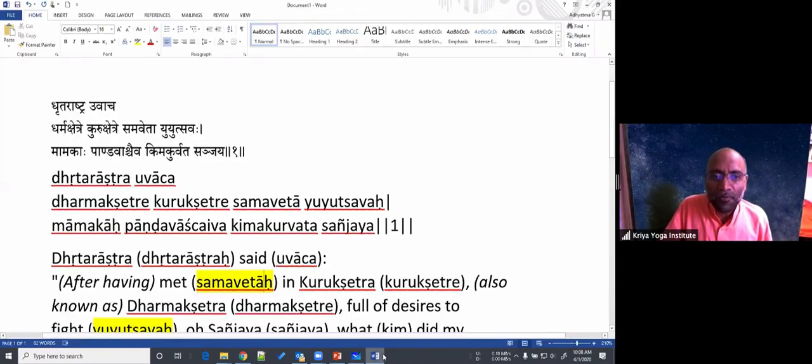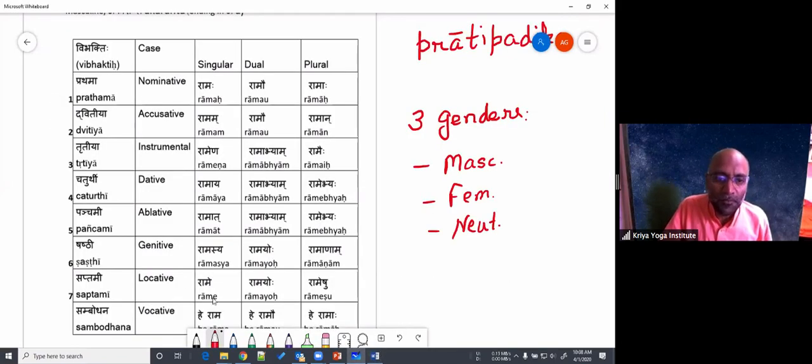Again, we'll go back to our example of Bhagavad Gita. If I take the first word here, dharma kshetre, and look at my table, it is very similar to Rame.